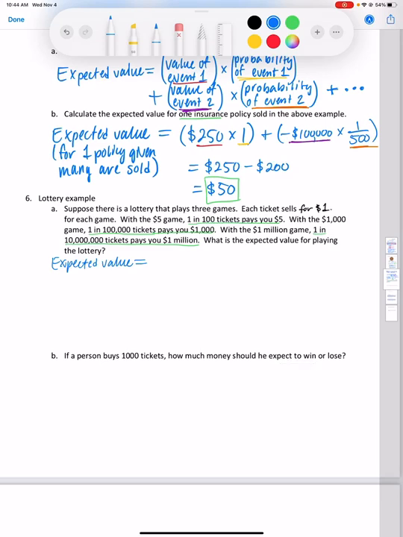Remember, expected value on one ticket, given many are purchased.